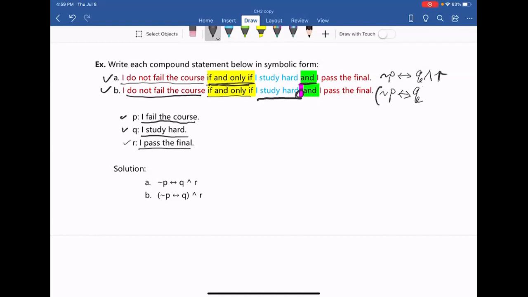That means the front part should be in the parentheses. Then I just list the rest of the information, and I pass the final. So these two have different expressions. Look, there is no comma in one, and this is the comma one. So when you read the question, be careful about the detail here.